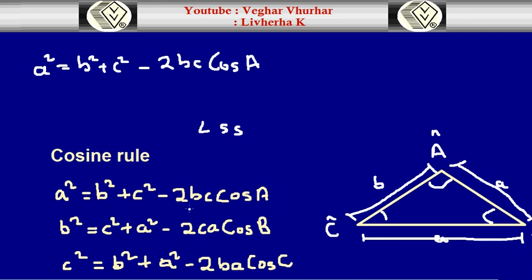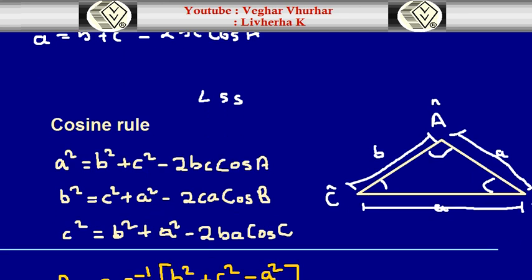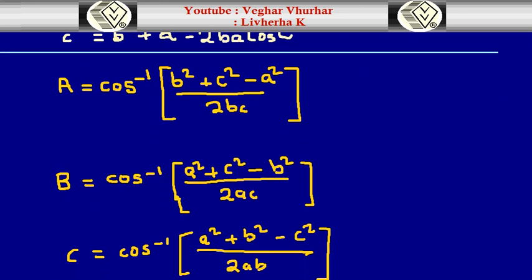So you can use this equation if you have these three things. You have an angle and two magnitudes, and then you can calculate the magnitude of this side.